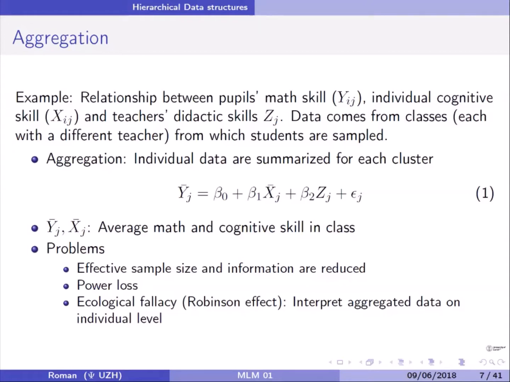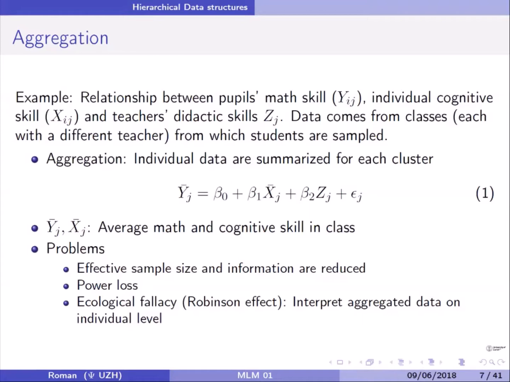Aggregation. Individual data can be summarized for each cluster, right? So we could have a model where we're estimating the average, the jth information. So the average math skill for the class would be Y bar j. And we can predict this by the average cognitive skill within the class, and then the teacher's didactic skill.